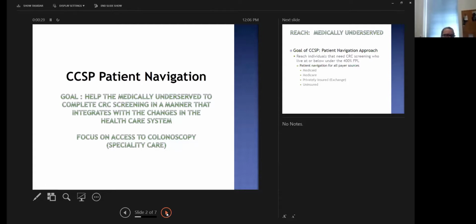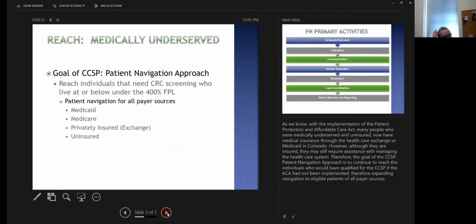When we started our program about a decade ago, well before ACA expansion, we were paying directly for the medical services in terms of colonoscopy. We had a statewide program funded by Amendment 35, the tobacco tax dollars, which has cancer prevention and control as one of its main missions and goals.